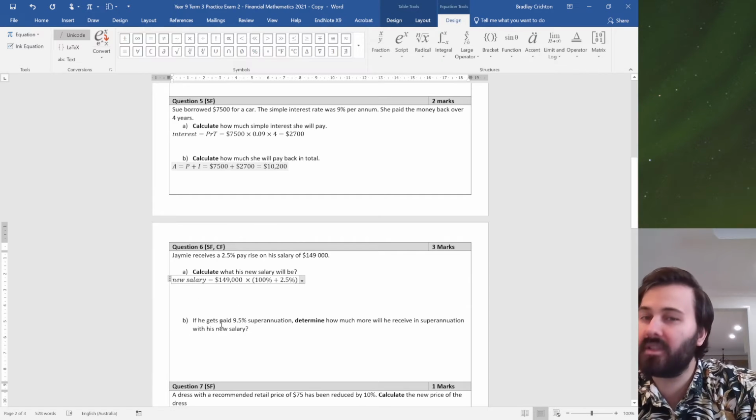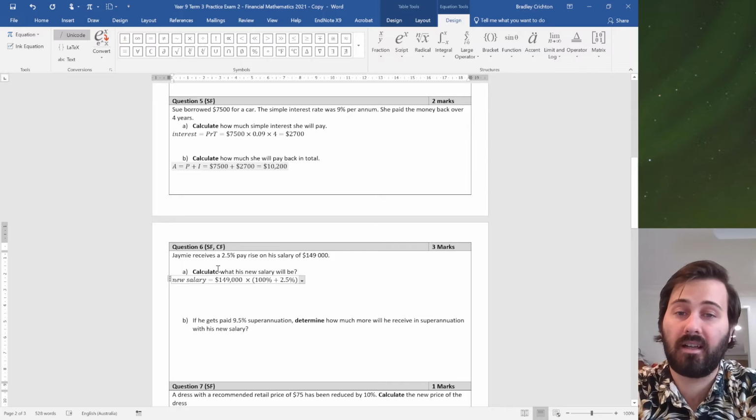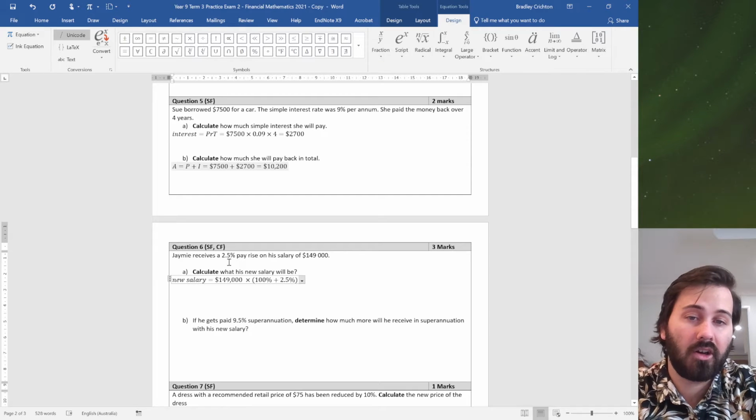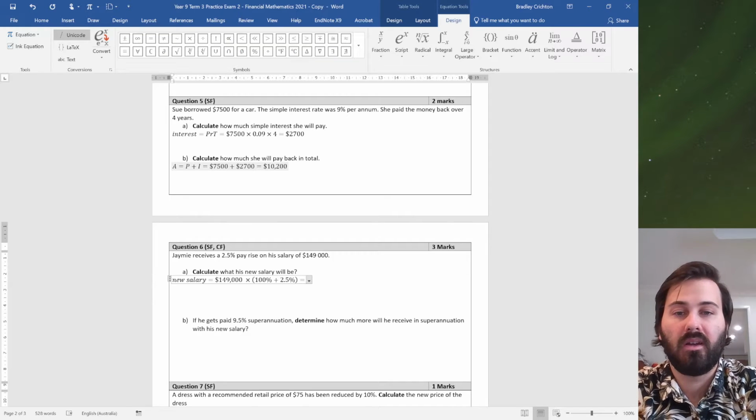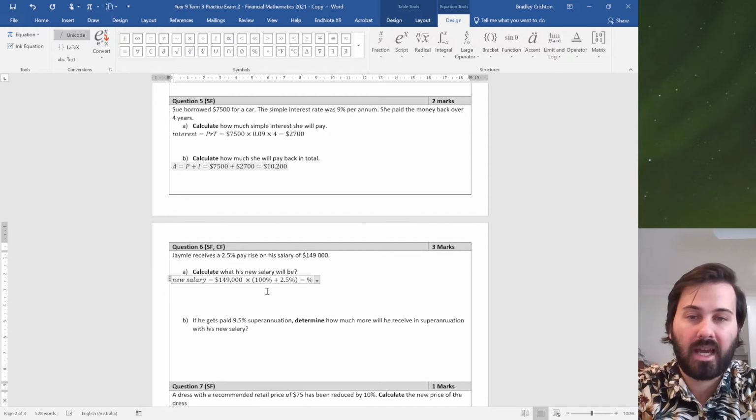Now, this would look similar to a formula we've been using in class, right? That's the cost and that's the percentage profit.